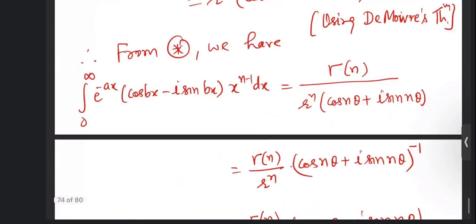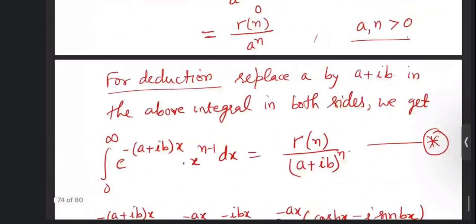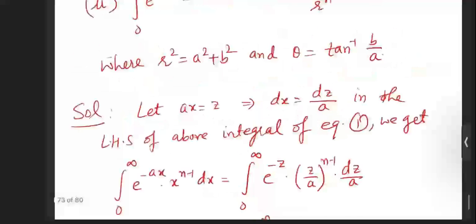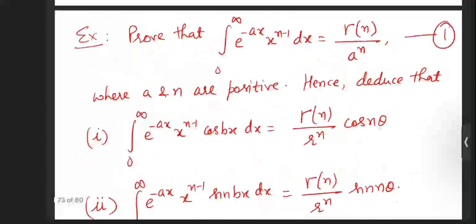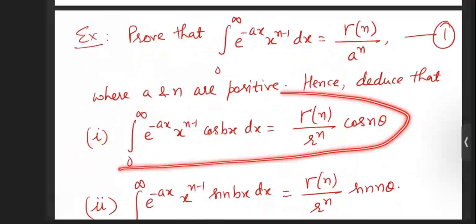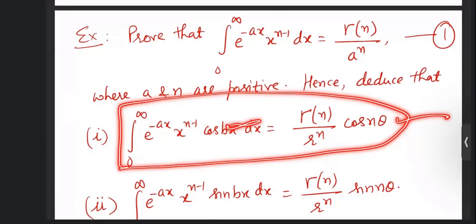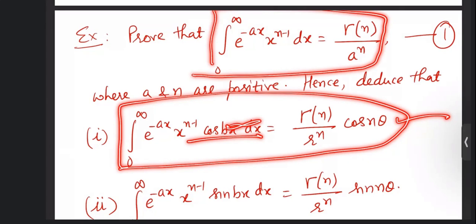First we have to prove this integral, and otherwise this integral is very difficult to evaluate, but using the definition of the gamma function it can be evaluated easily. It means for evaluating this integral, first you have to prove that this integral is equal to gamma of n divided by a raised to power n.